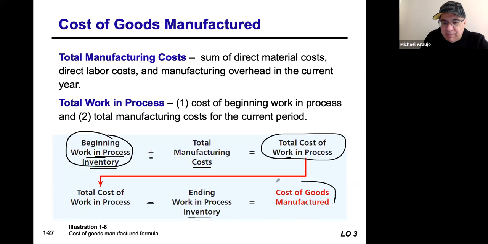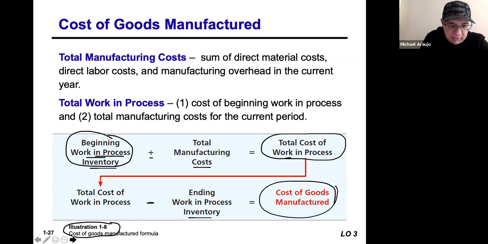And that gives them the cost of goods manufactured. Again, this is a formula that you'll see play out in the structure of the financial statement we're going to be looking at next. This is illustration 1.8, page 14, very top of the page in the book.